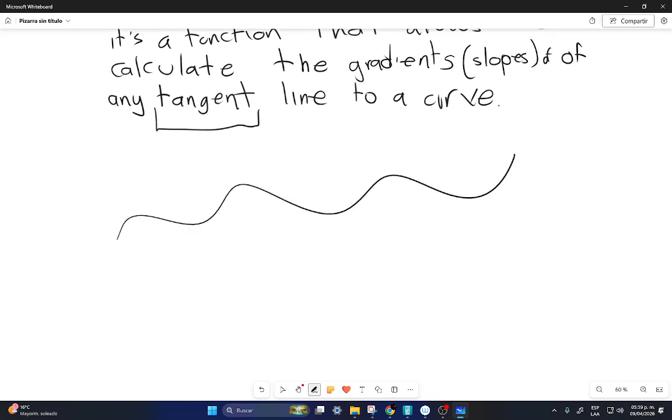For example, if I draw this line that touches or crosses the curve in 2 points, that is not a tangent. That is called a secant line. But a tangent is a line that only touches the curve at a single point. Okay? So that is a tangent line.